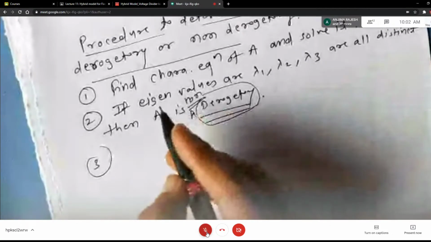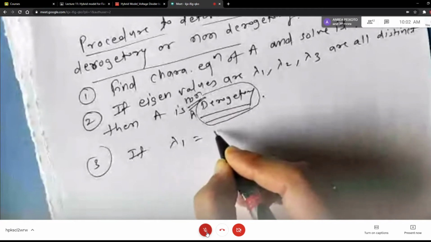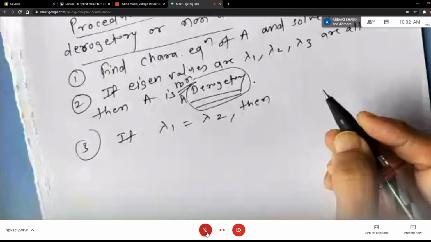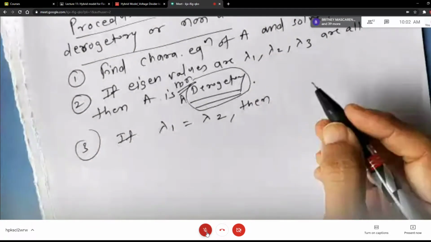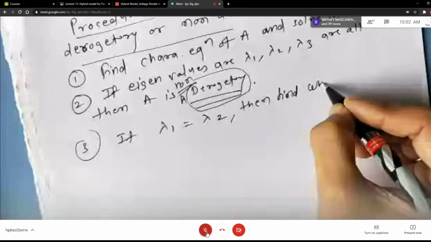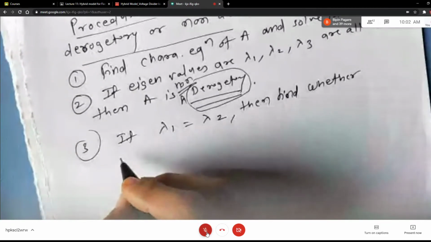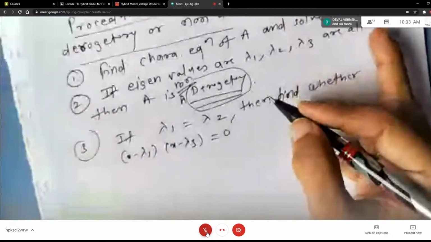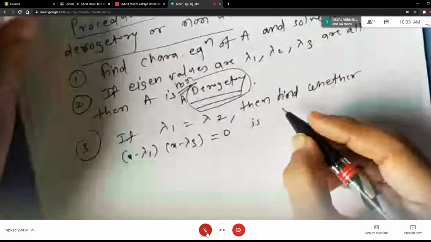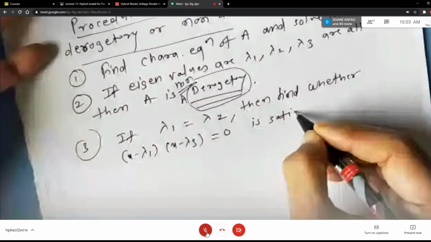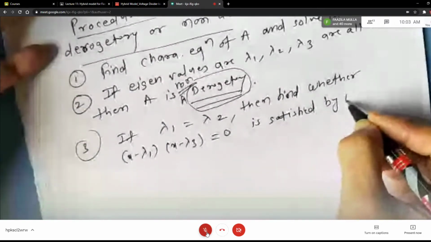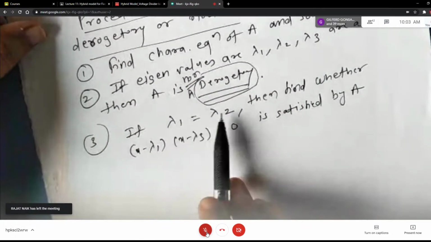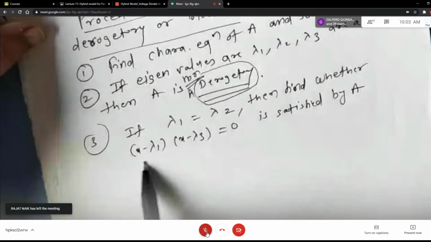Next point is, if two eigenvalues are the same, lambda 1 is equal to lambda 2, then find whether (x minus lambda 1)(x minus lambda 3) = 0 is satisfied by A. So what I am doing, see, two factors I am taking.